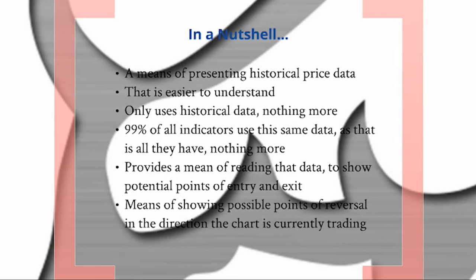As a result, 99% of all indicators and methods are only showing you what has already happened. Let me repeat that, so it's very, very clear. Indicators and all the others only show you what has already happened.